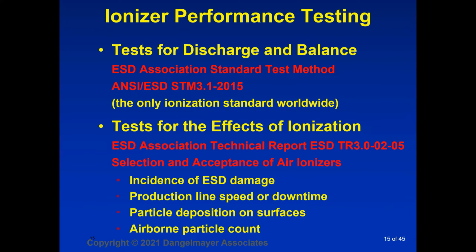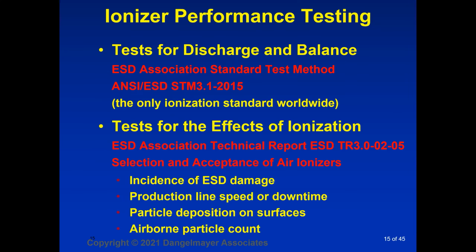Now, the other thing that's talked about in TR 3.0 is the effects of ionization. It says, if you're going to use an ionizer, there should be an effect that you can measure. So if you're concerned about ESD damage, there should be less ESD damage if the ionizer is present.